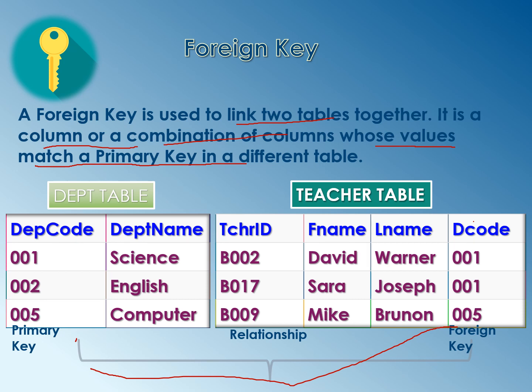But there can be multiple teachers in a particular department. So department code, which is a primary key in my department table, serves as a foreign key for the teacher table.